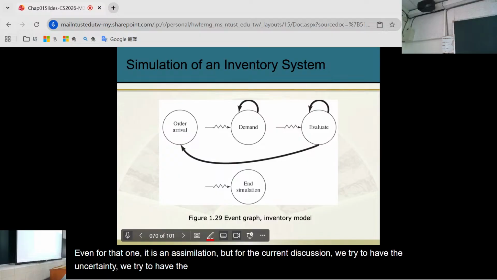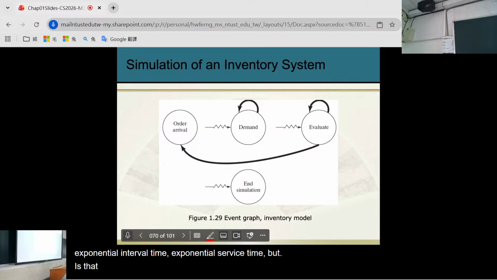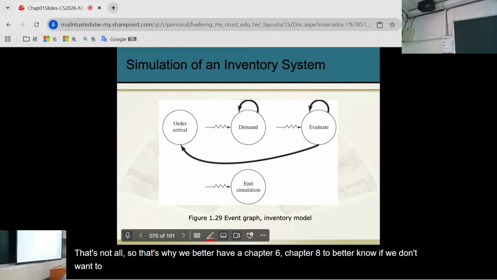So that's why we have the exponential interrupt time, exponential search time. But is that all? No. That's not all, so that's why we have chapter 6 and chapter 8. If we don't want to use exponential simply, we need other possible distributions.